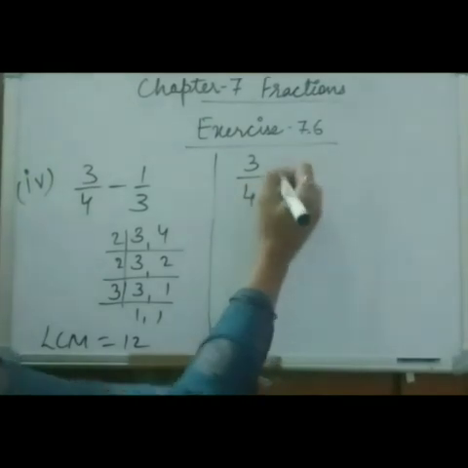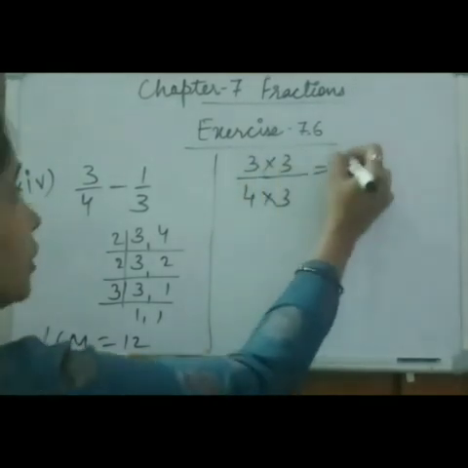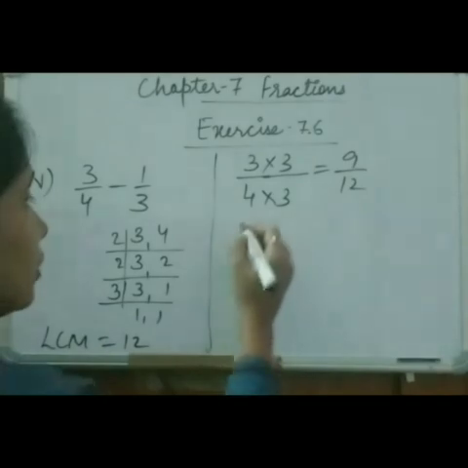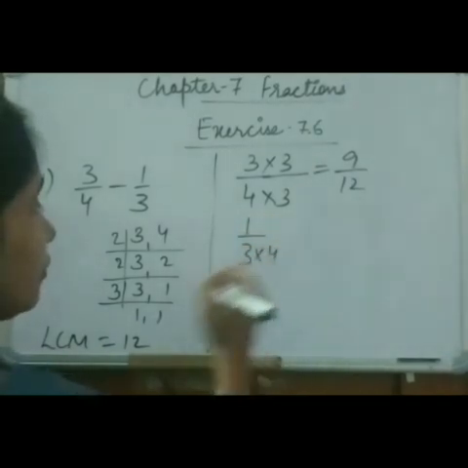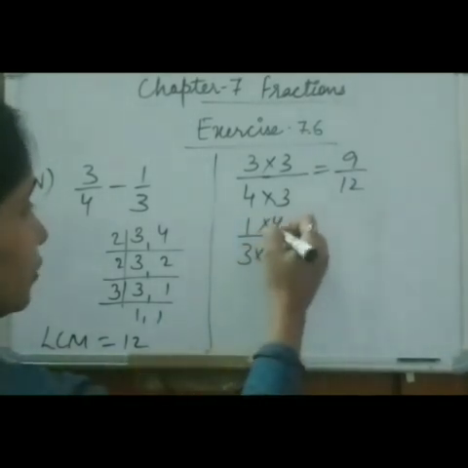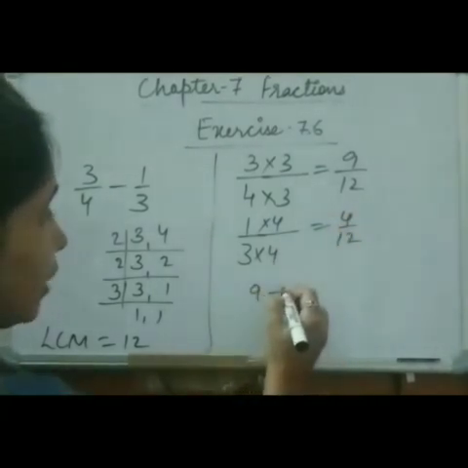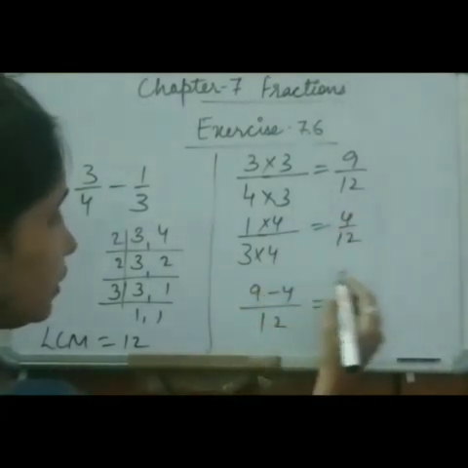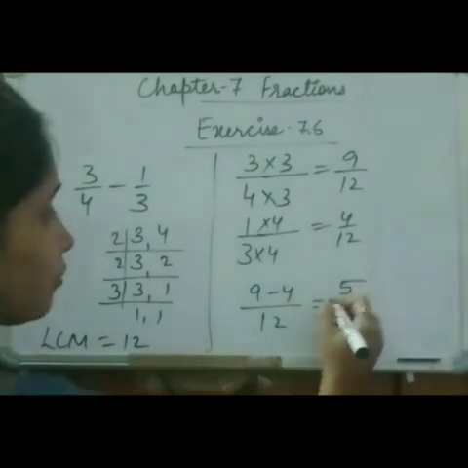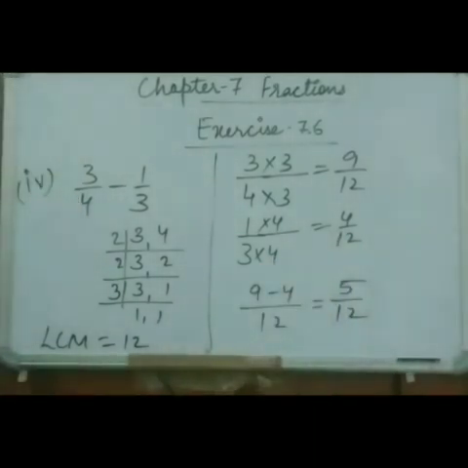So 4 3s are 12, so this one also 3. 9 upon 12. 1 upon 3, we will make it 12 by multiplying it with 4. So 4 1s are 4 upon 12. So 9 minus 4 upon 12. It is how much? 5 upon 12. This is the answer. 5 upon 12.